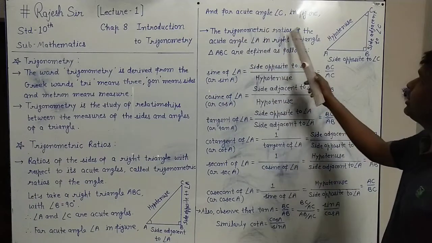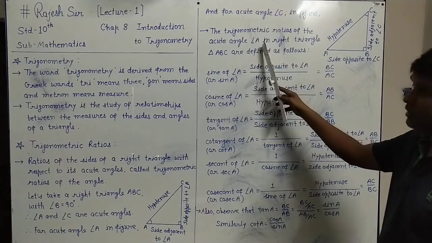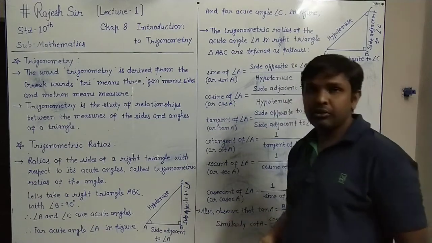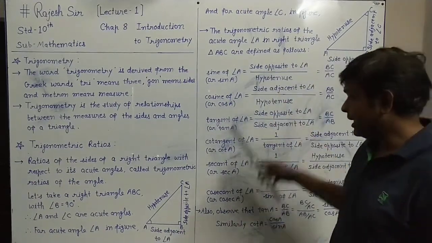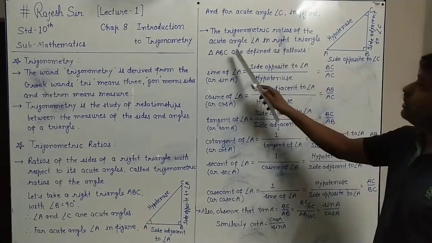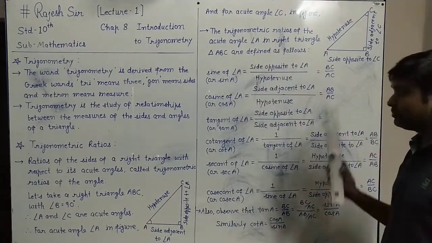The trigonometric ratios of the acute angle A. We will consider acute angle A, or you can consider C also, but we have considered angle A here. In right triangle ABC they are defined as follows.